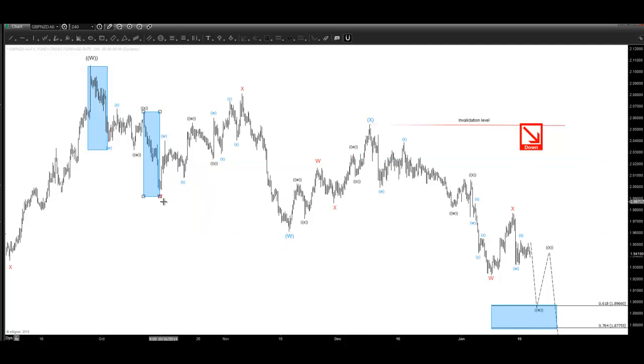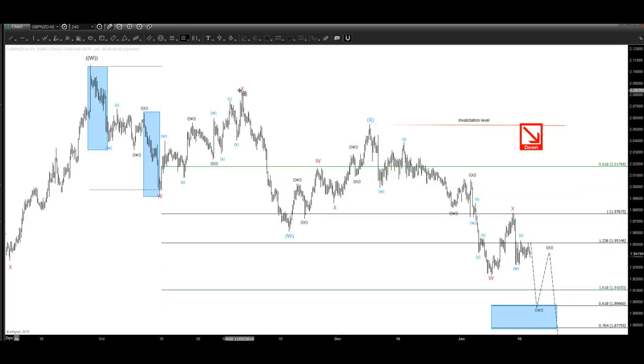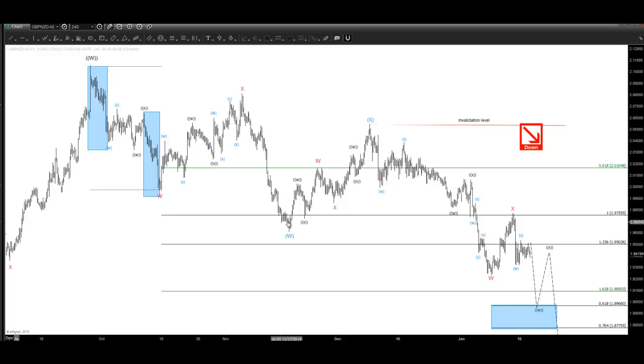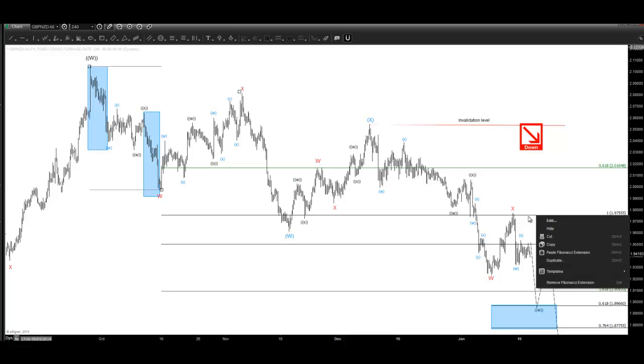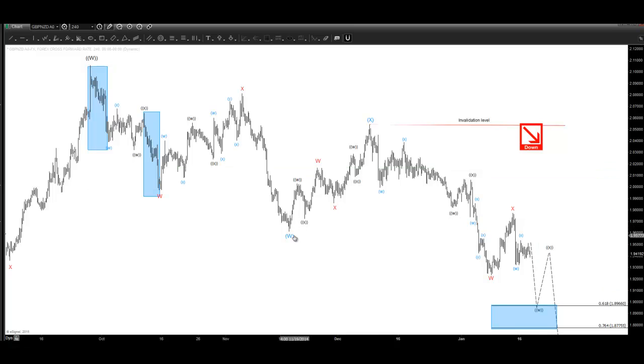Then the market retreated in 1, 2, 3, 4, and then it did the triple here, but in 3 waves, and then the market dropped again to create a W, X, and Y, in which we can see how the W and the Y over here become equal at the 100% extension.